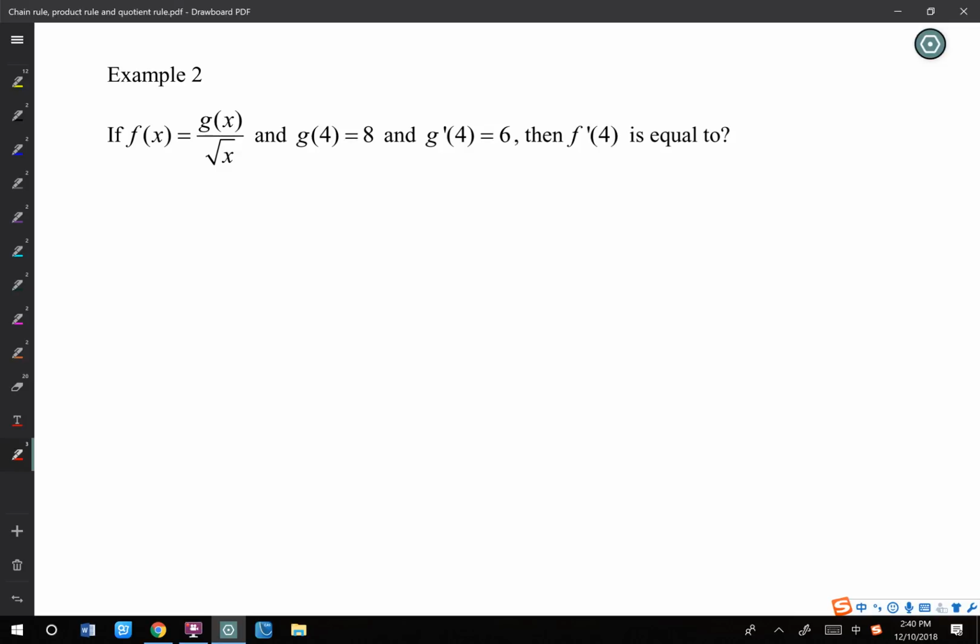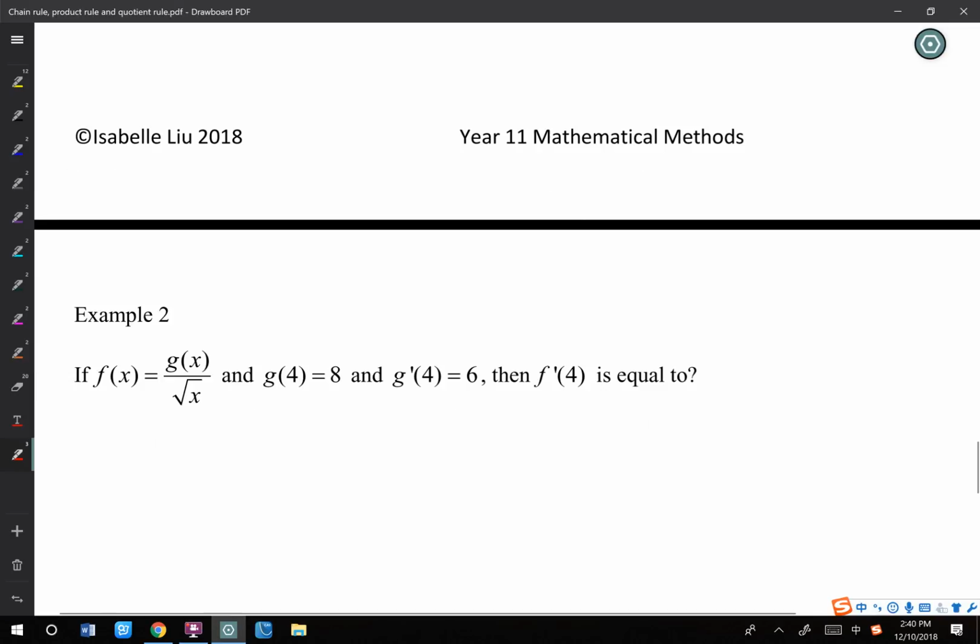This is not related to the question, just in general: are quotient rule and product rule going to be on the exam? Yes, and quotient rule and chain rule. It's not coming in the textbook? No, but we learn it. That's for year 12. We'll give you some worksheets to do the practice.